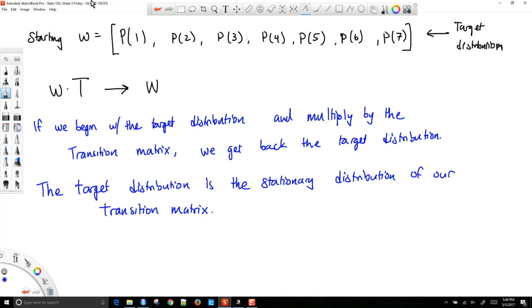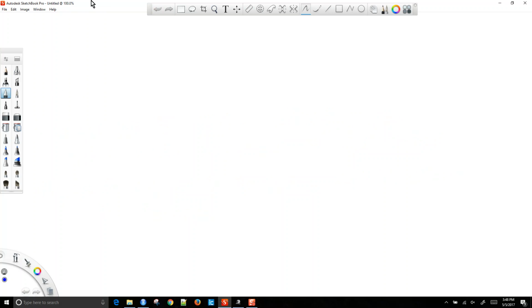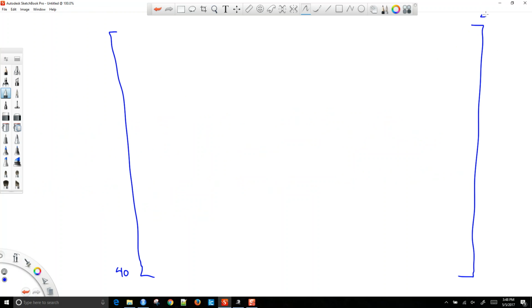Some of you took my 102A class and you had to simulate Monopoly, right? You wrote all of this code to simulate Monopoly. Technically, you could create an entire transition matrix for the whole Monopoly board, a 40 by 40 matrix, because there are 40 spaces.